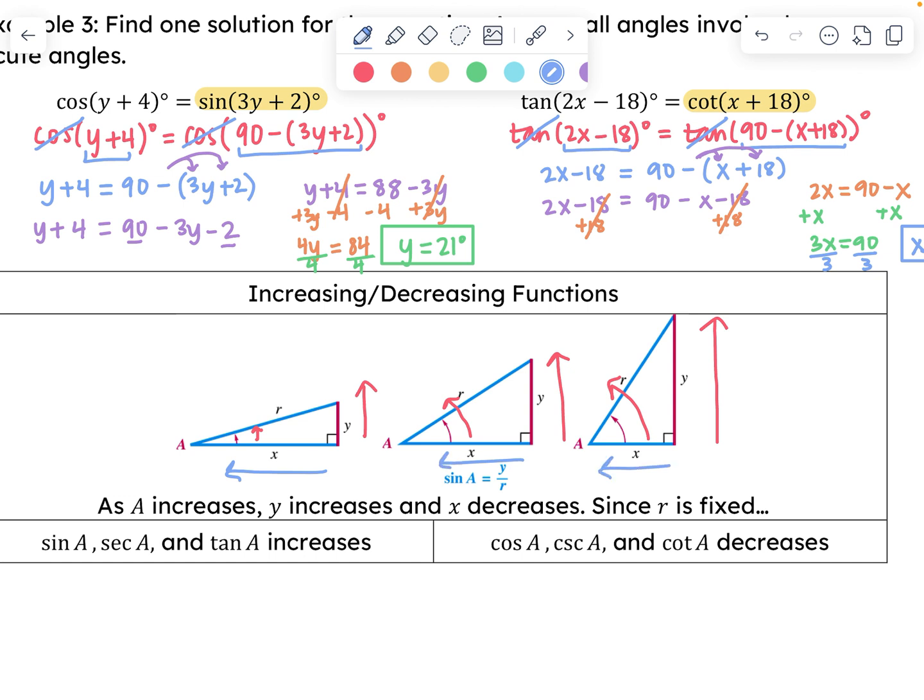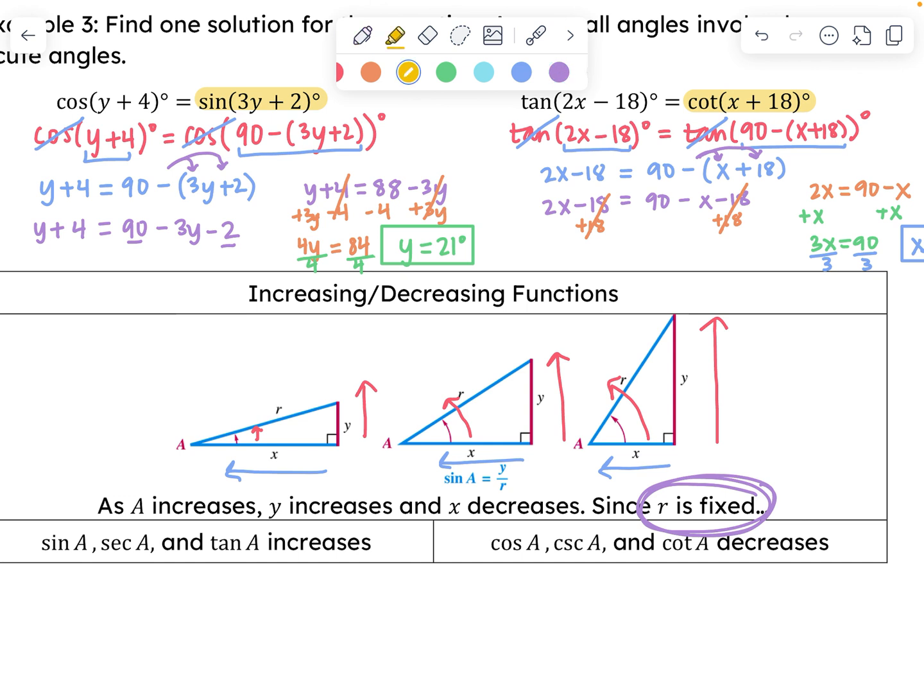As your adjacent and opposite sides change lengths, they do change at the same proportion. So that does mean that your r, your hypotenuse, is a fixed value. That stays the same. But as y increases and x decreases, that is going to change your trig values.